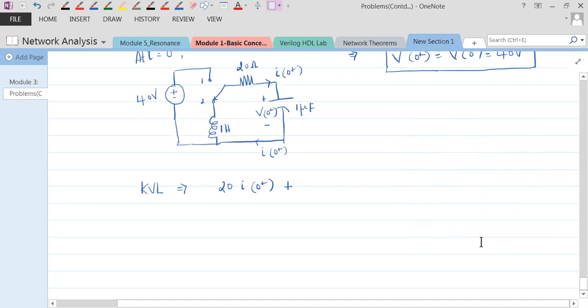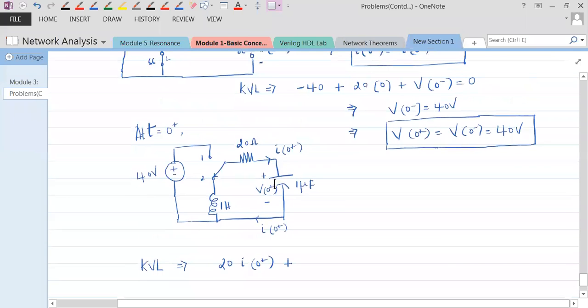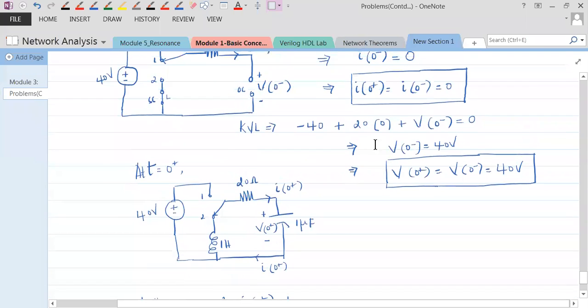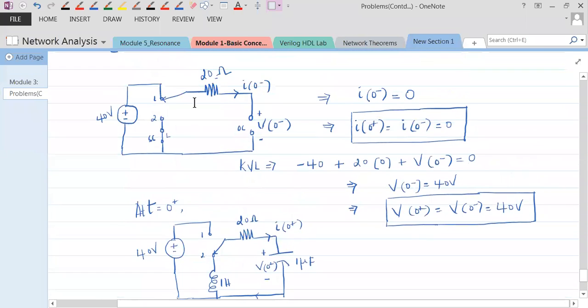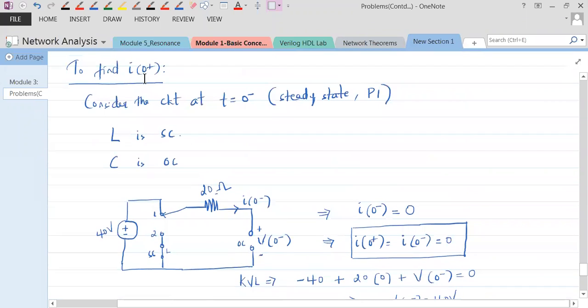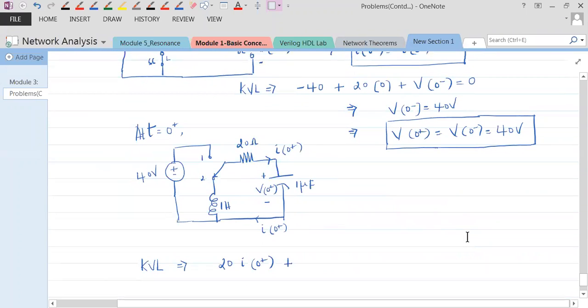Everybody understand? So here we have V of 0 plus, which was also found in the previous case itself. Everybody just take down this at t equal to 0 plus. Instead of writing it as the integral equation, let's take this as plus V of 0 plus, or we can further write it as 1 by C integral 0 to t of I of 0 plus dt.